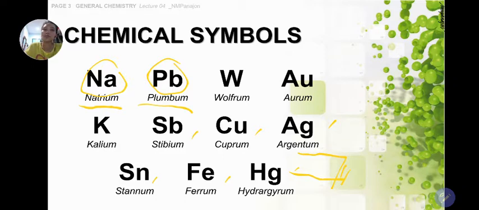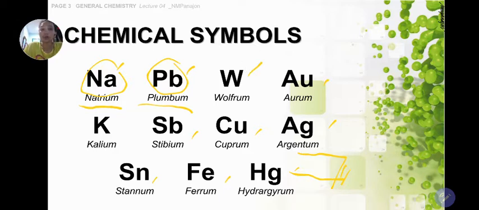So, I'll give you some time to check on your periodic table of elements. Okay, so Na, if you can find it, is for sodium. That's the English name. Pb is for lead. W is for tungsten.